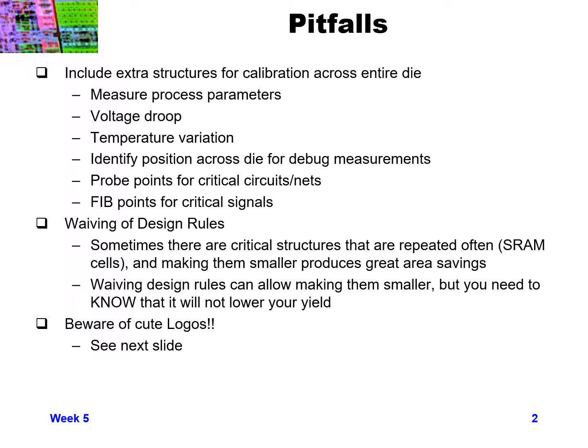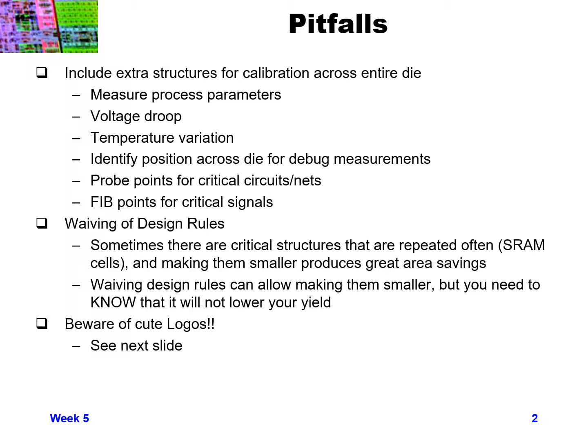So if you know that you have certain points in your circuit where this is a critical net, you might create an additional, what's called a probe point, where you create an additional pad of metal at possibly a higher metal layer that makes it a lot easier to actually probe that point.